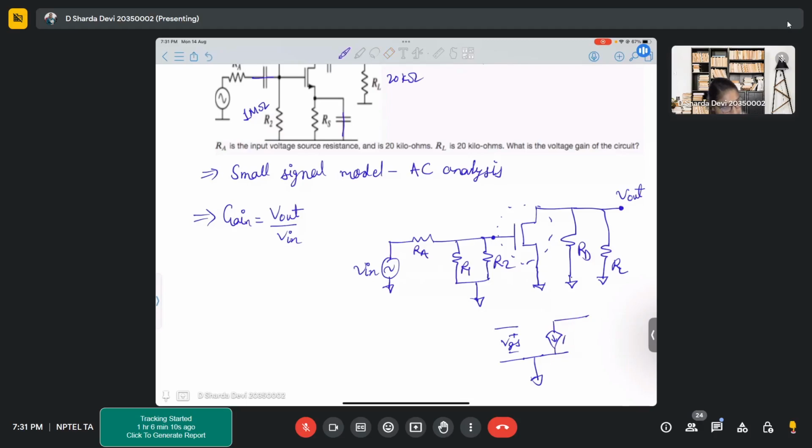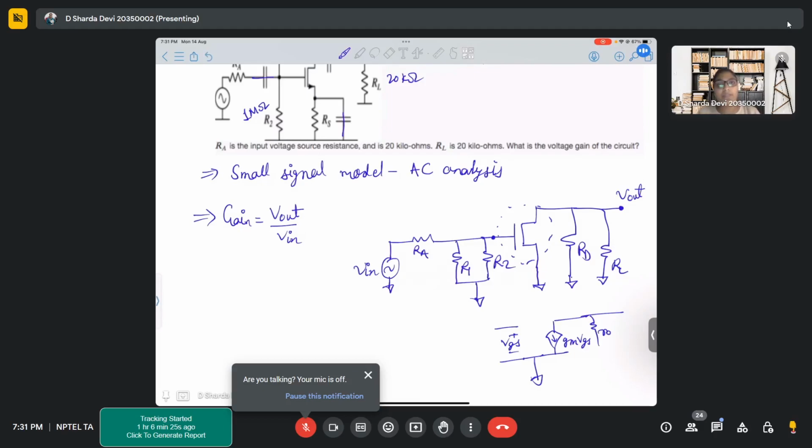So here we will have GM VGS. Whether R naught comes into the picture or not depends on the current model, whether lambda is equal to 0 or non-zero.